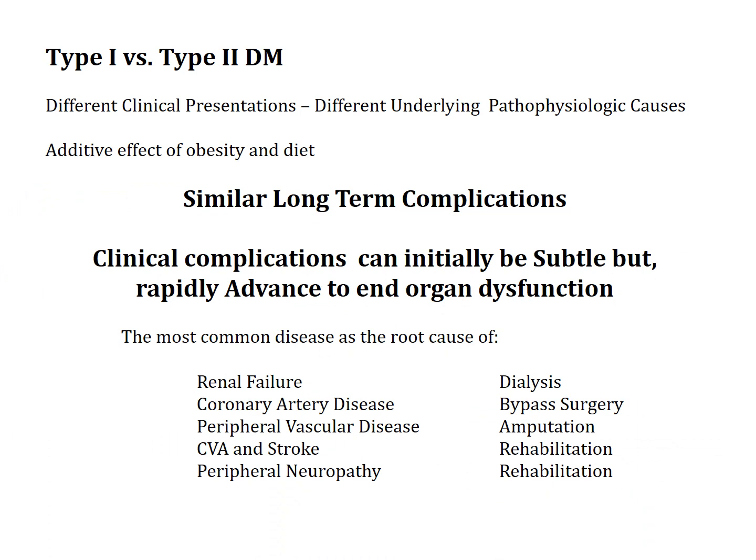As you get to this upcoming quiz and exam for this unit, be sure that you understand the differences between type 1 and type 2 in terms of the presentations and the pathophysiology. Be aware that obesity, diet, and sedentary lifestyle are going to complicate both of them, but particularly type 2. Recognize the acute symptoms of hyperglycemia and understand the long-term complications of type 1 and type 2 diabetes.